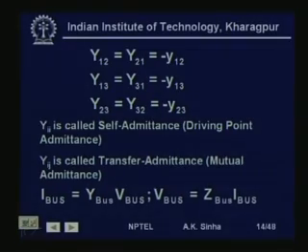So, in a particular row you will have only 3-4 elements, the diagonal element and 2 or 3 elements of the other buses which are connected to it, and the rest of the elements are going to be 0. So, Y bus is a very sparse matrix.